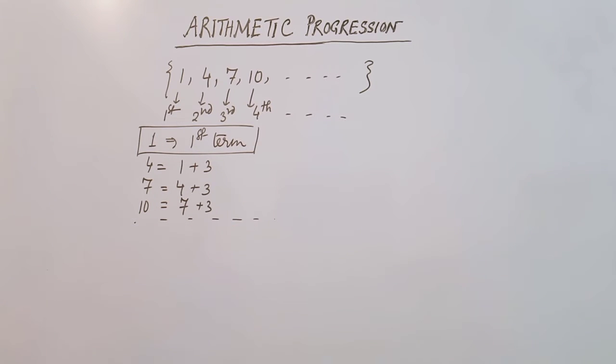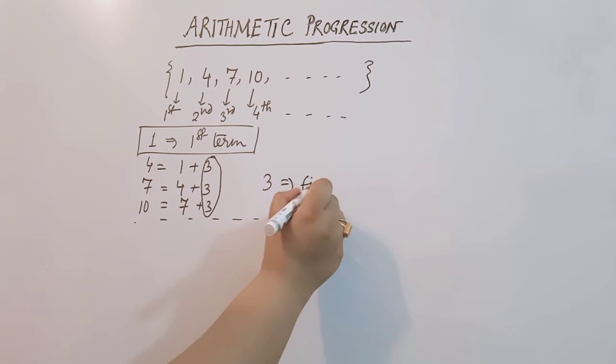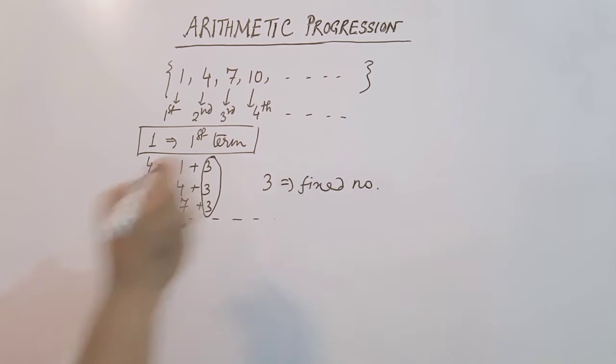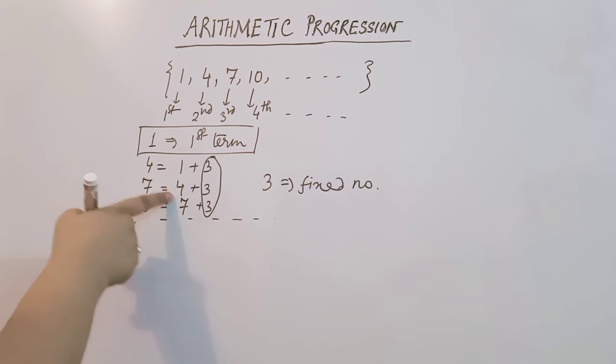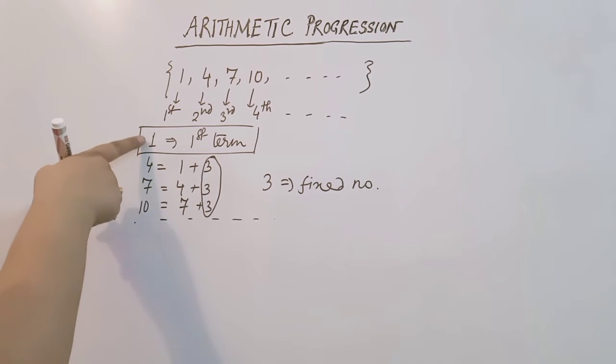So here each term of this progression is obtained by adding a fixed number. Here you can see that fixed number is 3, a fixed number to the preceding term. That is, in order to get the second term 4, we have to add 3 with the first term.